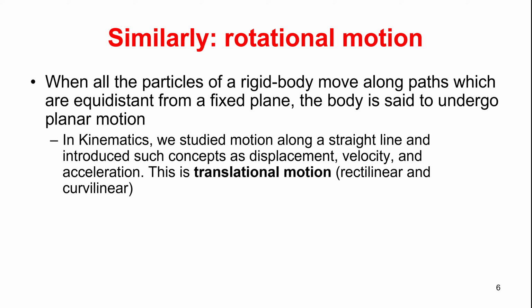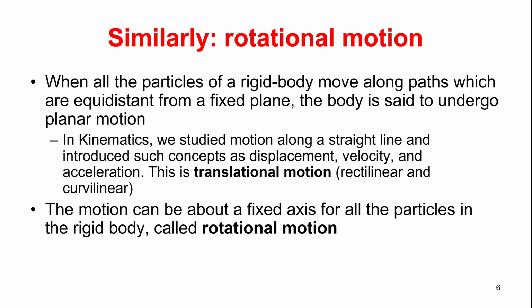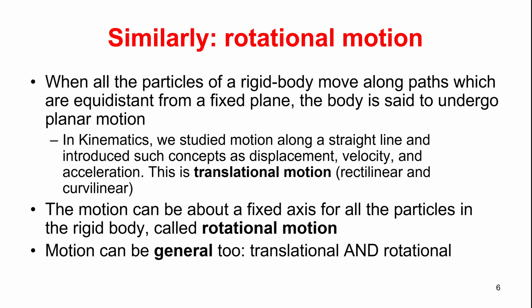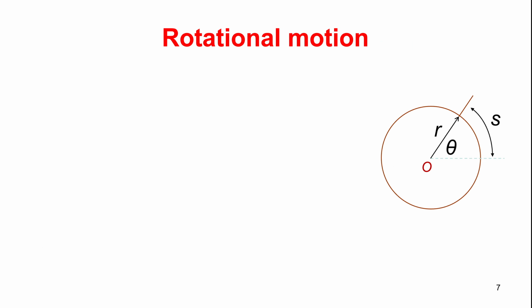Essentially, all of the particles translate at the same rate from one location to another location. Rotational motion, as I said earlier, is the motion rotating around a fixed axis. All of the particles of the rigid body are rotating around the fixed axis.